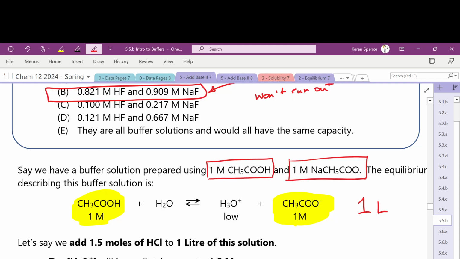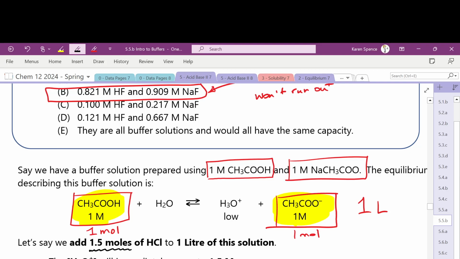How many moles of the acetic acid? If we have 1 liter of 1 molar, this is easy. We have 1 mole. And how many moles do we have of the acetate? We have 1 mole.